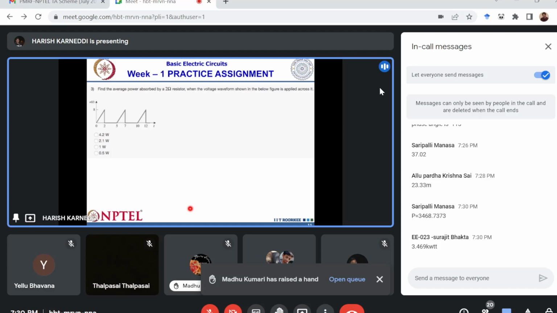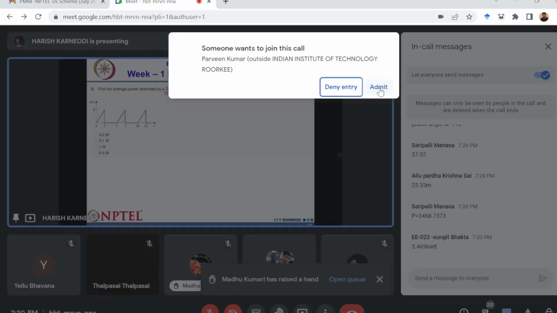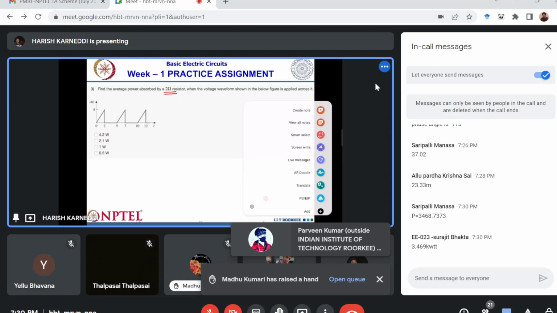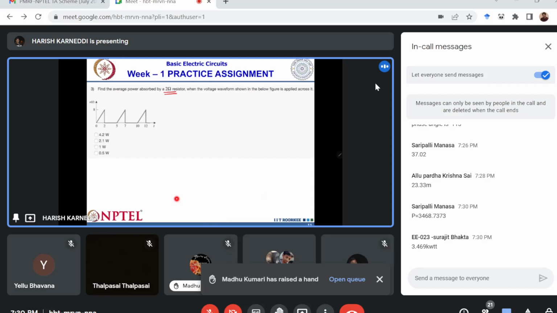Going to the third question. The third question is: find the average power absorbed by the 2 ohm resistor when the voltage waveform is as shown in the below figure. Okay, the voltage waveform is like this. So we want average power.